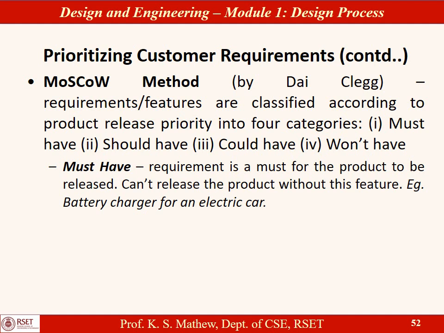For example, a battery charger for an electric car. If there is no battery charger, once the battery gets depleted, the customer cannot use the car. So the battery charger should be a feature even in the first release of the car. So it is a must-have feature. Without that feature, the car or the product is not usable by the customer.